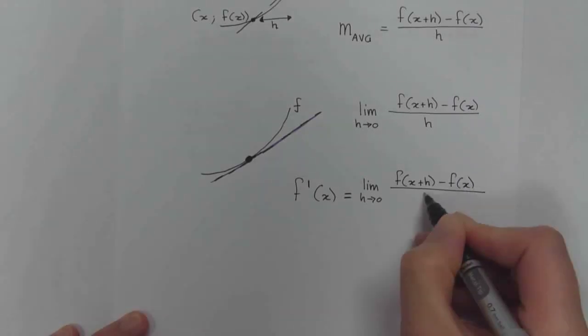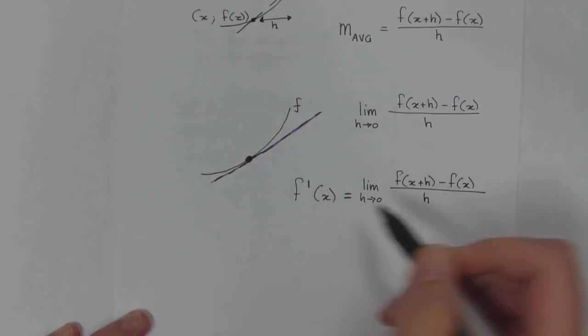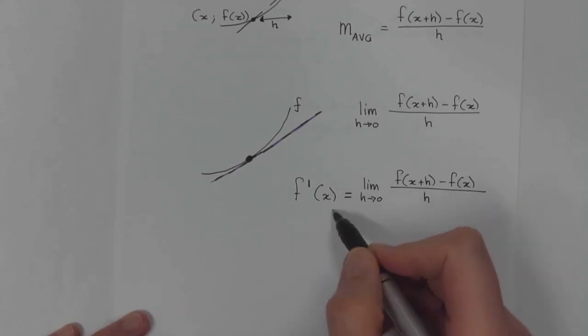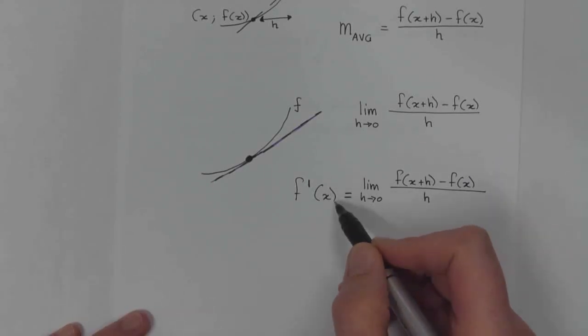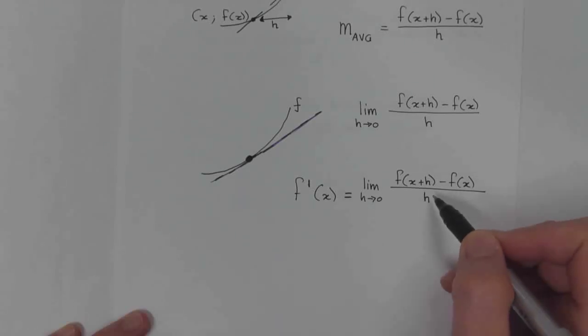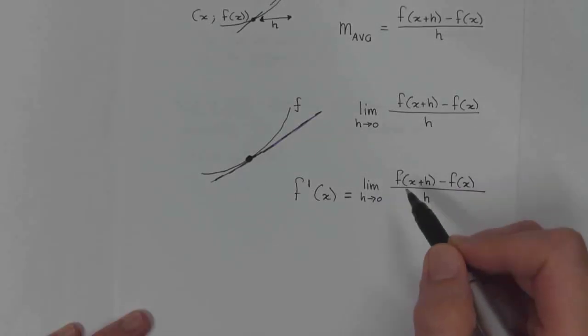So that right there is my definition of my first derivative. That's the notation for the first derivative. We are going to do a video later on that discusses all of the notations you use when you write derivatives. But for now, that is the formula for first derivatives.